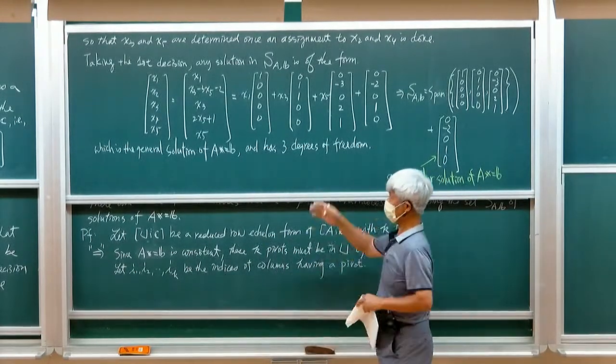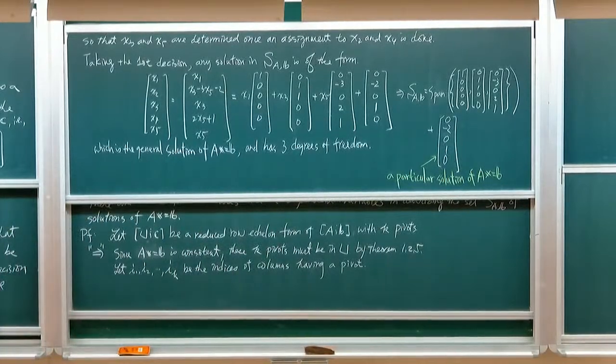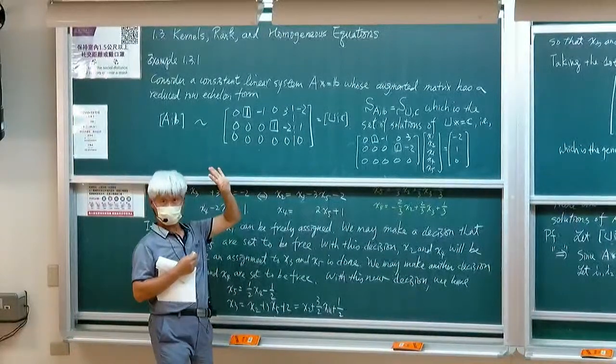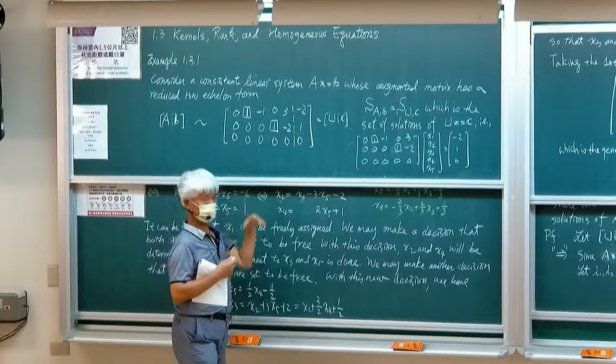So for this example, the index i1 is 2, i2 is 4.